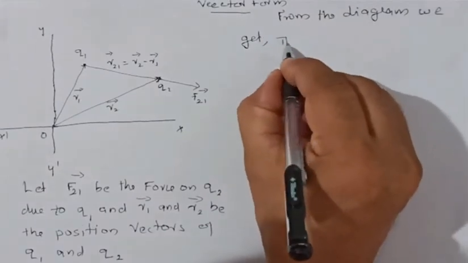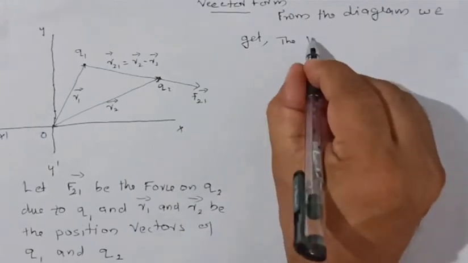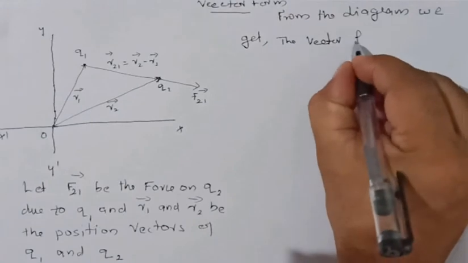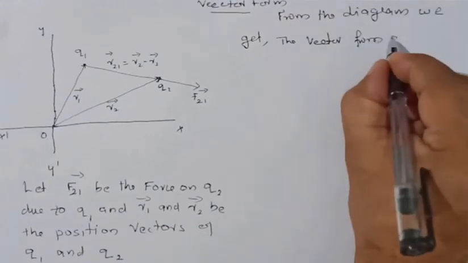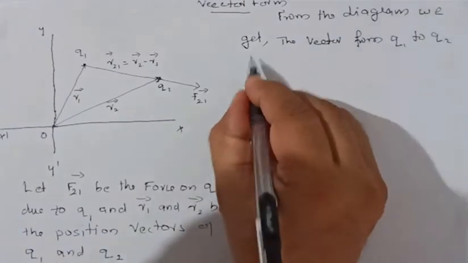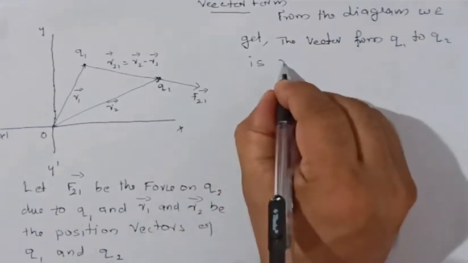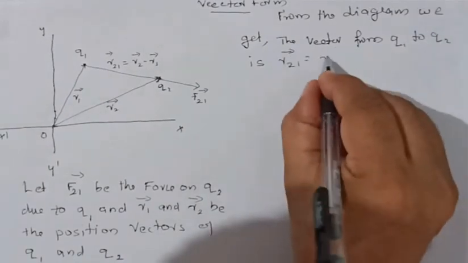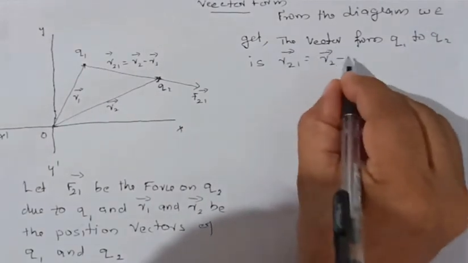We can write, of course, the vector R21 and F21 are in the same direction. So vector R21 is equal to vector R2 minus vector R1.